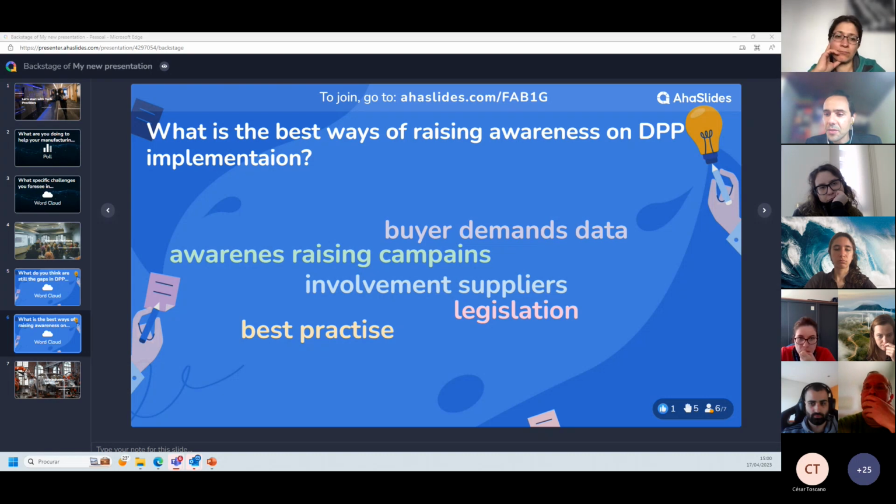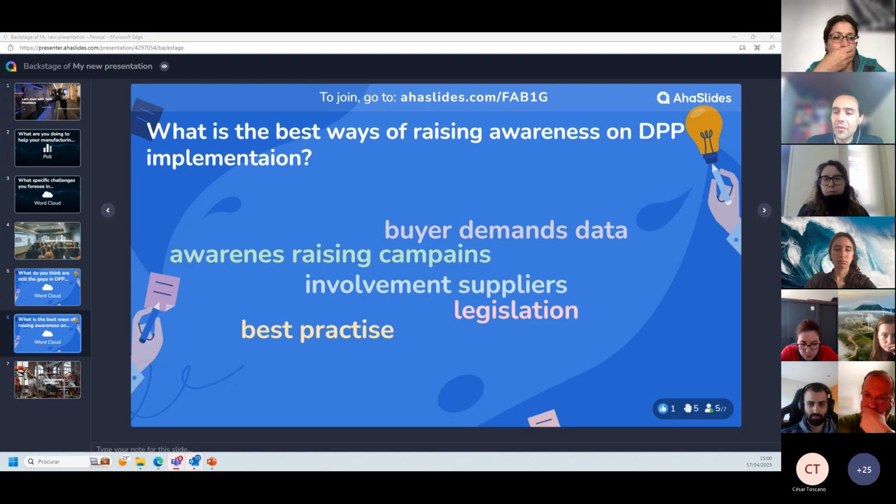And here from the chat, we have also working examples. So first, inform customers about the availability of data about their products. Yes, that is great. And working examples, so people can see how it will actually look and feel like.